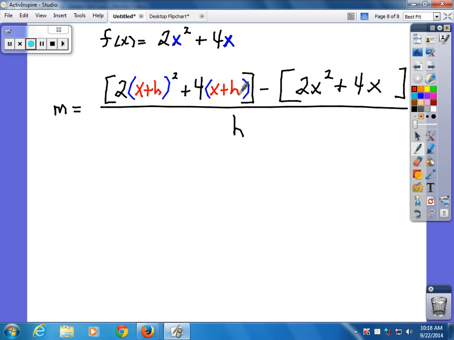No. What you're supposed to do is rewrite this right here in terms of two big sets of parentheses. 2 parentheses squared plus 4 parentheses. And then, after you draw the two sets of parentheses, you plug in x plus h. So x plus h will always be in the first. It will always be, yes, because f of x plus h.